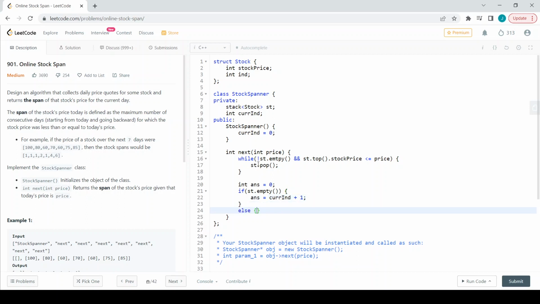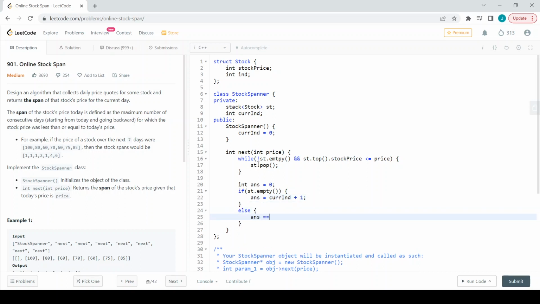Else, if my stack is not empty, then the answer is the current index minus the stack top index. It should start from 0 only. I'm just finding the current index minus the top element's index, the top price's index.